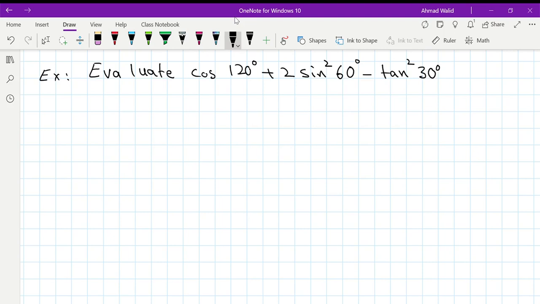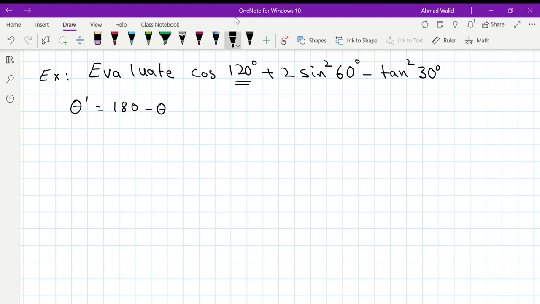The only problem that you have is cosine of 120, because you don't know it, but now you know the trick, how to find the cosine of 120. 120 lies in quadrant 2. You can find the reference angle for 120. In quadrant 2, theta prime equals 180 minus theta.